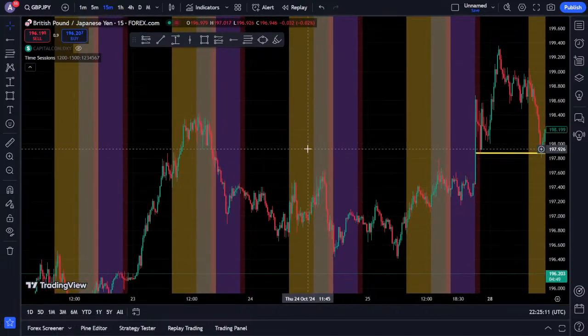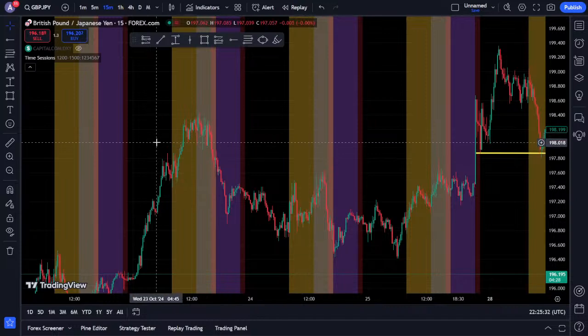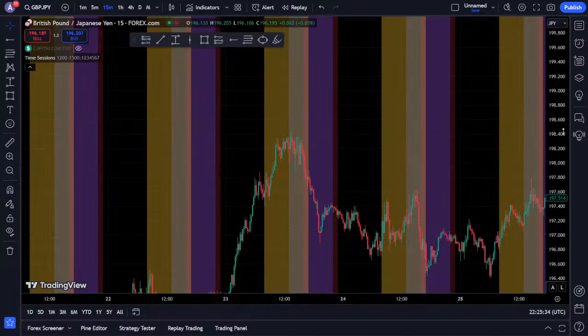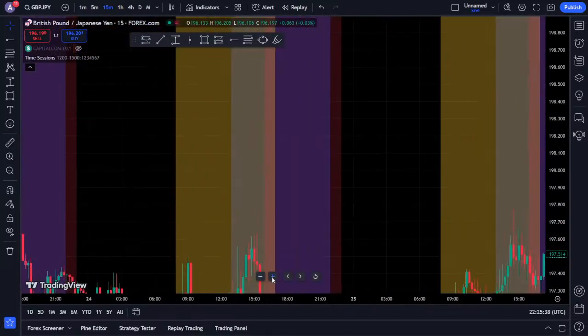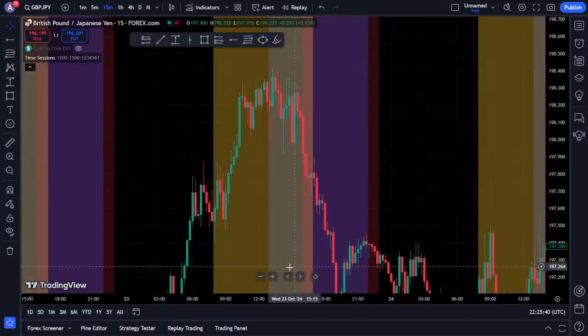With 1 pip trades, you have to use a higher lot size to make even a decent amount of profit. Hey, what do I know? I'm just going to walk through this and see what I would have traded.